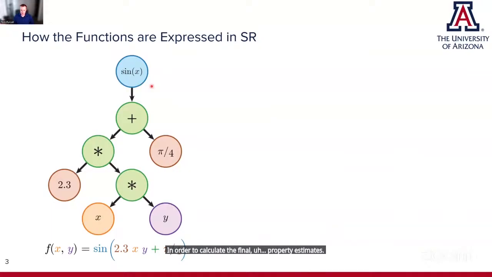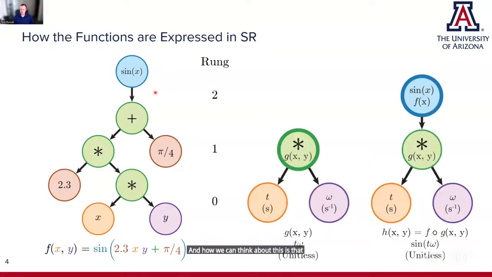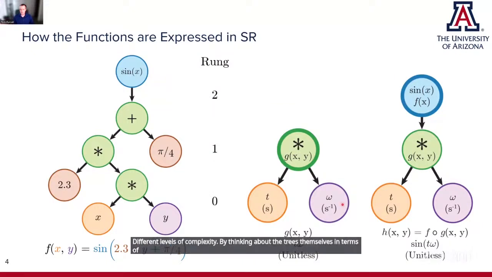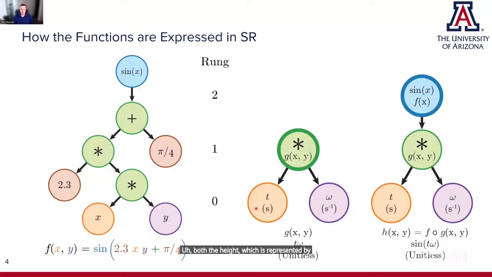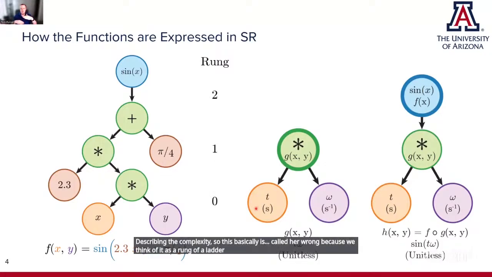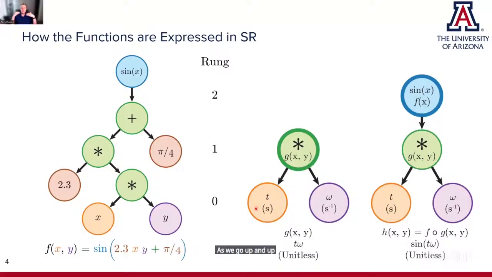And how we can think about this is that we have access to different levels of complexity by thinking about the trees themselves in terms of both the height, which is represented by rung in SISSO, and our primary way of describing the complexity. So this basically is called a rung because we think of it as a rung of a ladder. As we go up and increase more and more operations on top of these trees, we get more complicated and more descriptive expressions.